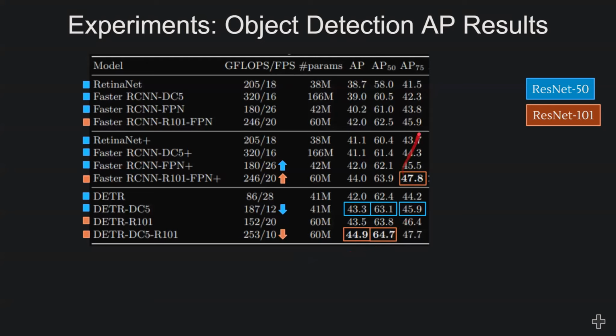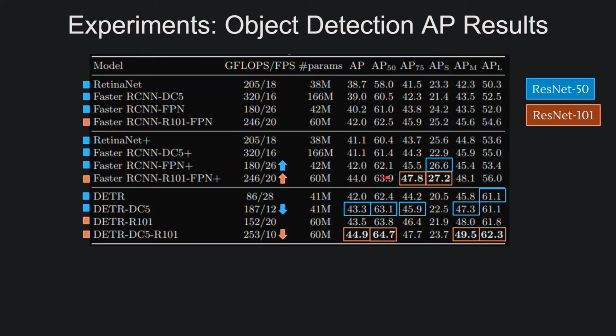Next, we have the average precision columns. For the AP results, note that DETR has slightly better AP than Faster RCNN for loose detection, and it really struggles with tight detection. And if we see the rest of the columns with AP small, medium, and large, we can see how it performed very badly with small objects.